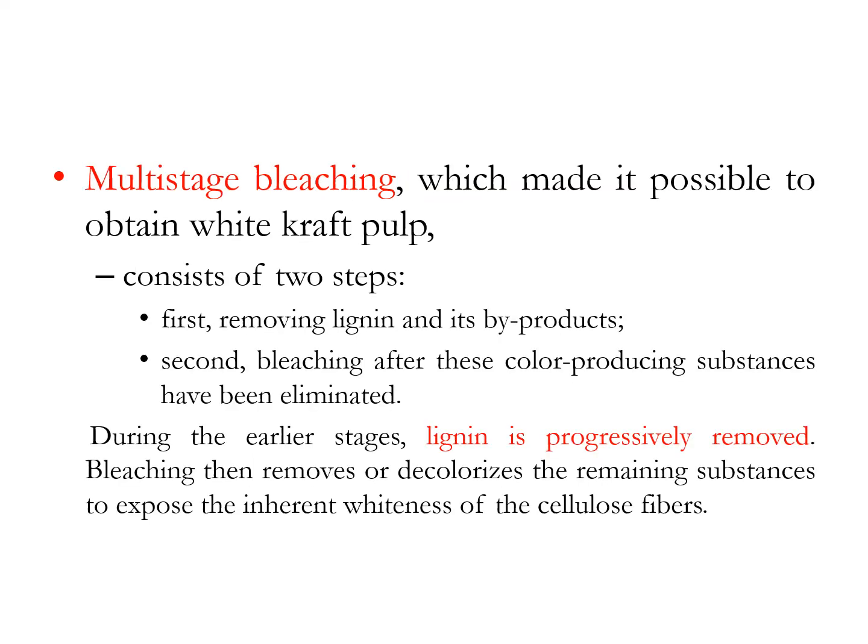In multi-stage bleaching, basically there are 2 steps. First is removing the lignin and its byproducts, and second is bleaching after the color producing substances have been eliminated. By using different chemicals you are achieving these two steps.